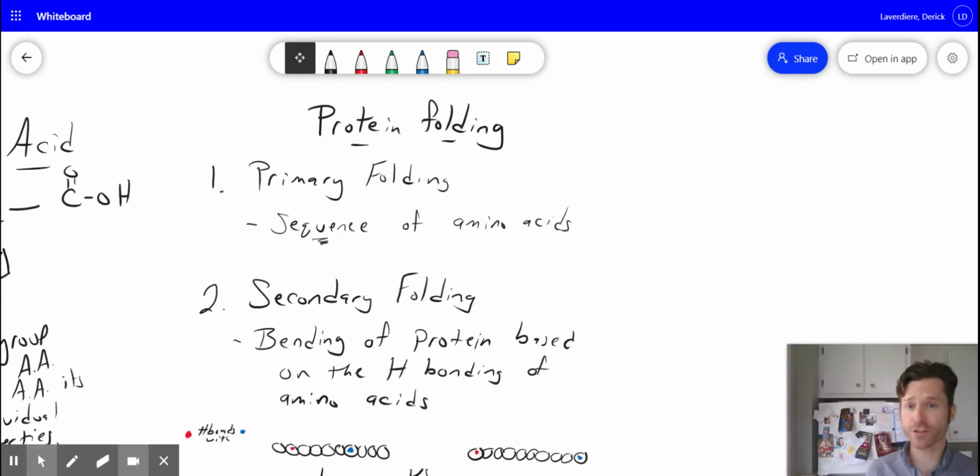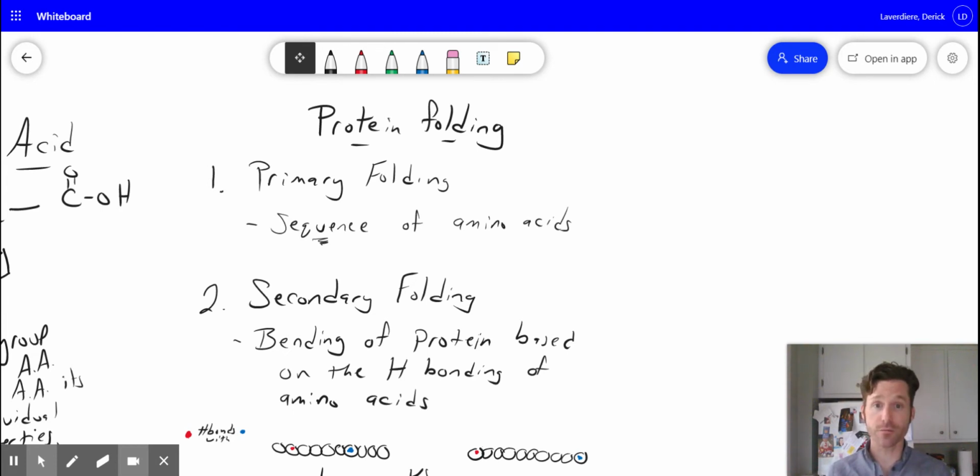So the primary structure of the protein is really straightforward. It is quite literally just the sequence in which the amino acids of this protein show up. And so that sequence was determined by the coding in the mRNA and the codons in the order in which they showed up, which was in turn determined by the sequence of nucleotides in DNA.